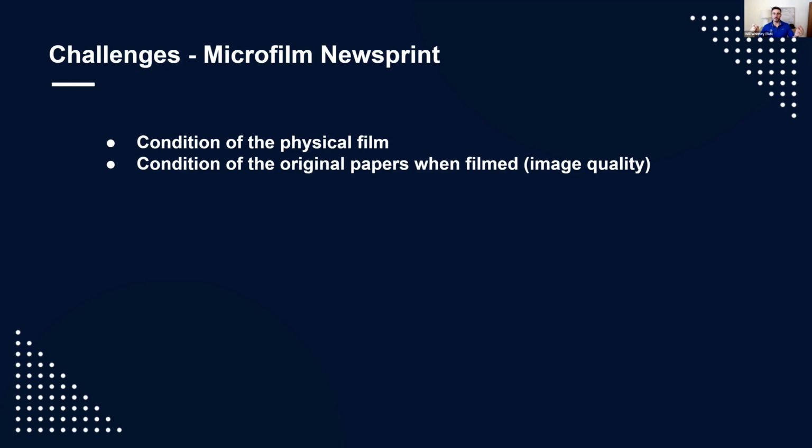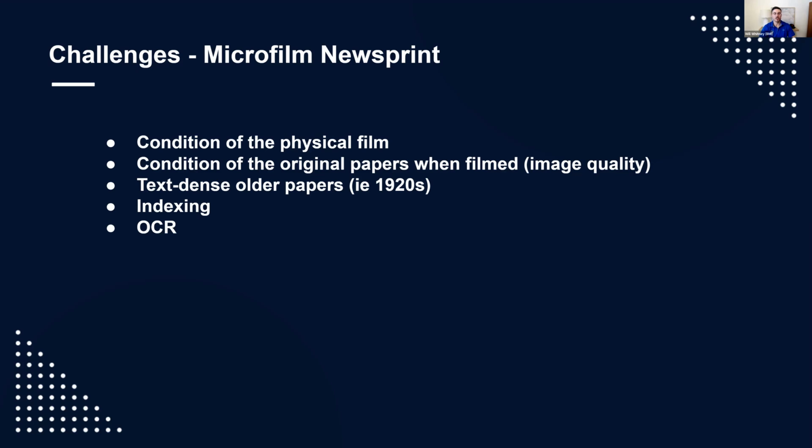When you look at the original film, that image might be out of focus. Whoever captured the images from the original hard copy when they were doing the filming had it out of focus. We can't fix that. That's just burned into the microfilm. It's just poor filming, so that's a challenge when you're using microfilm: if the original papers were not in good condition, or the filming was not done properly, it could be an issue on the back end. We mentioned the text-dense older papers, and it's the same idea with microfilm.